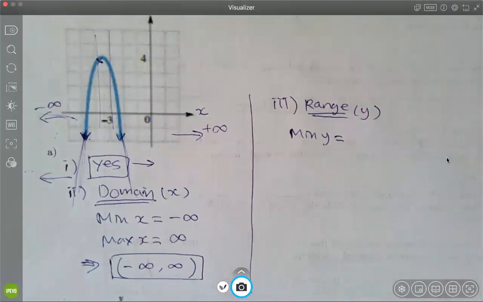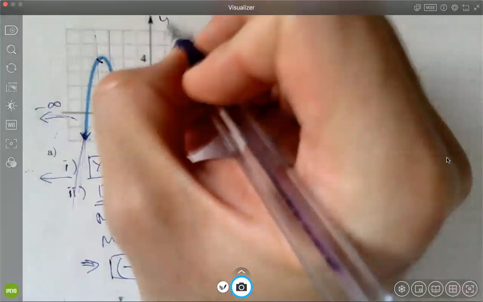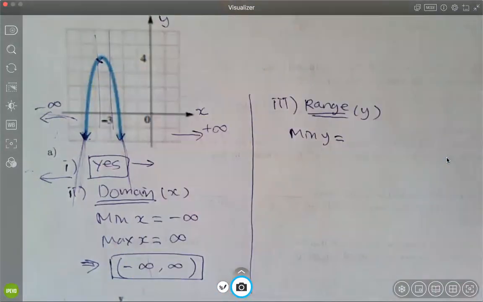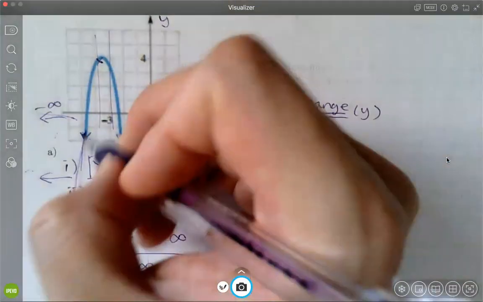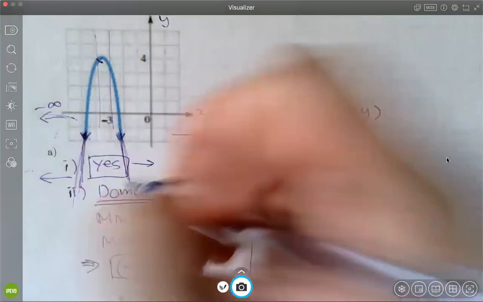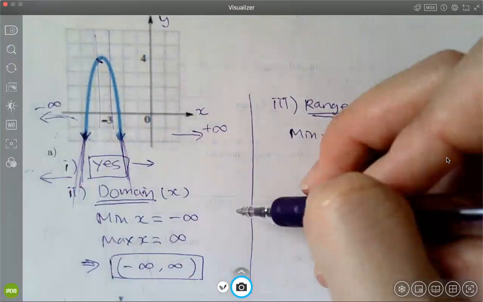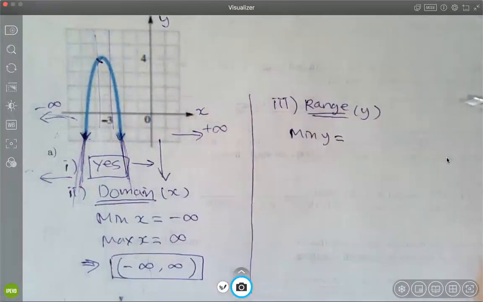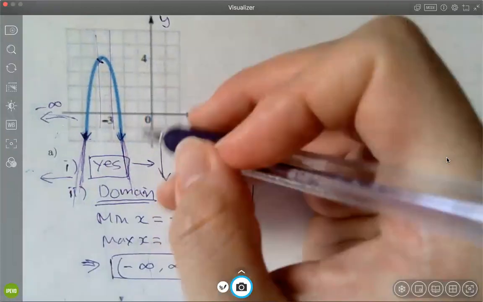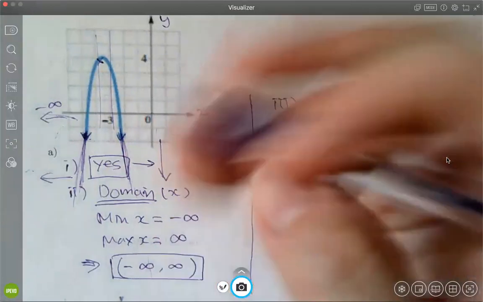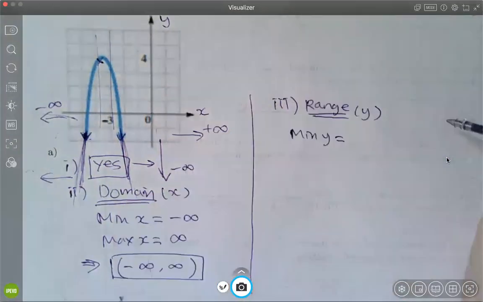So now you look at the y values, and like I said before, these two portions of the graph keep going down, right? Now going down means what? It will go at the very bottom of the xy plane, which is what? The negative infinity direction, right?